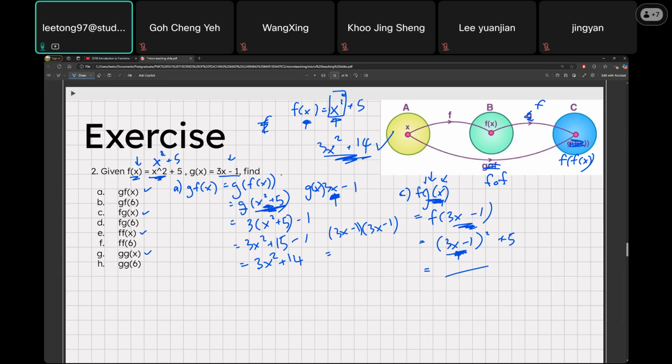So multiply this: 9x squared. The second one, minus 3x. How about the second? Minus 1 times 3x is still minus 3x. And then minus 1 times minus 1, which is plus 1. You get this.